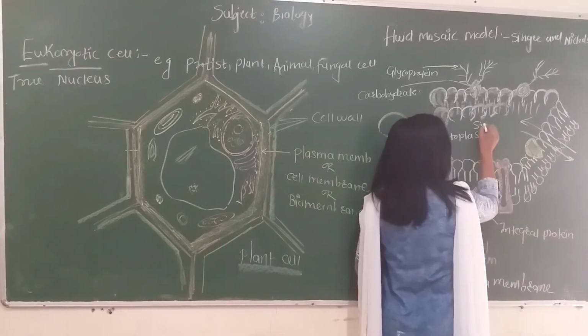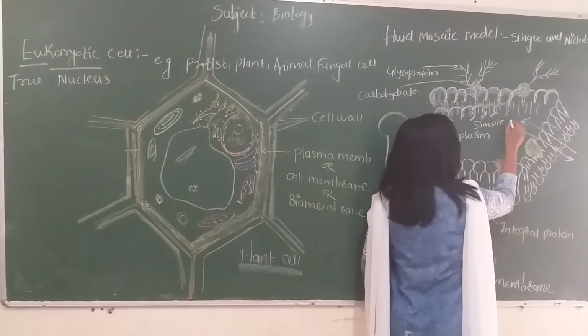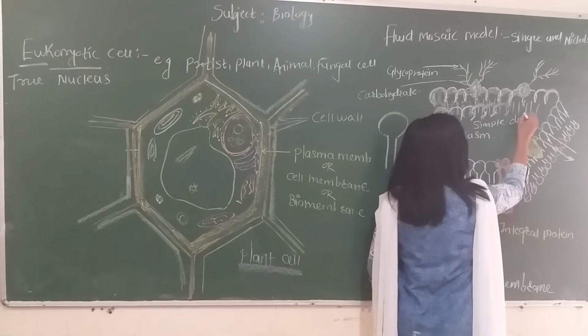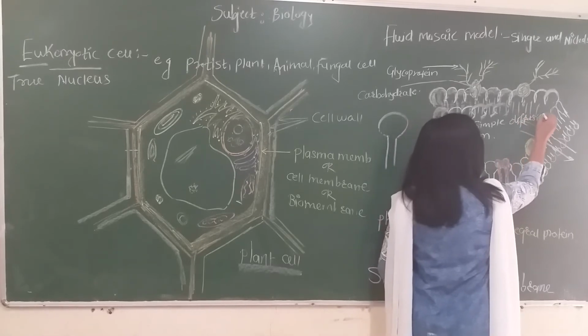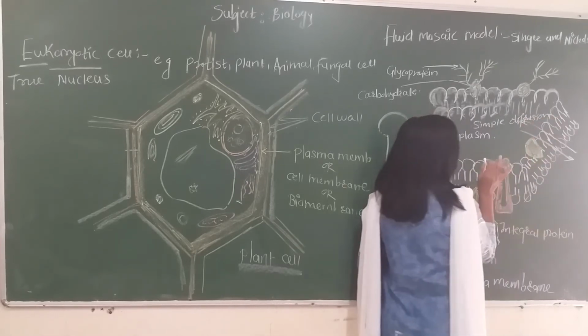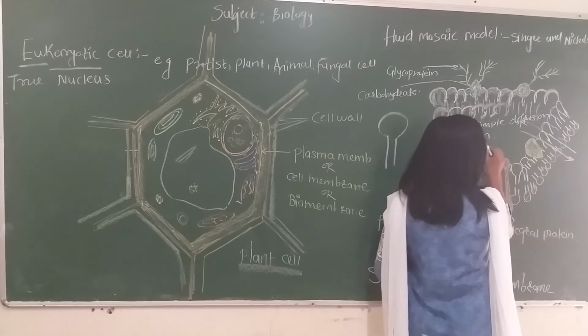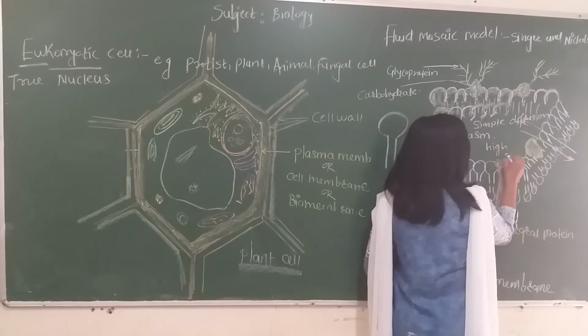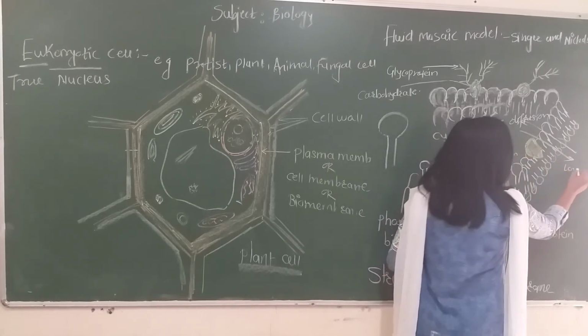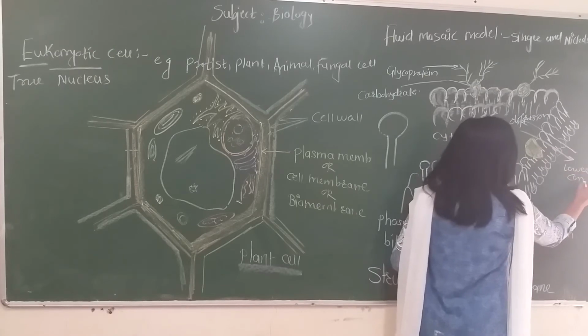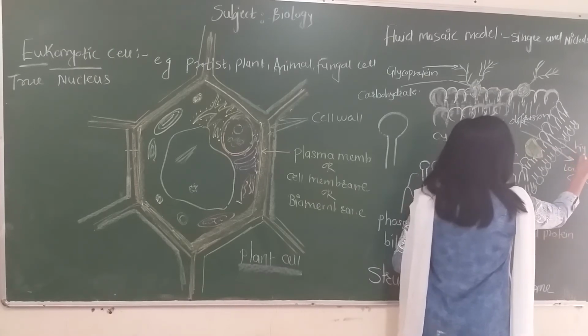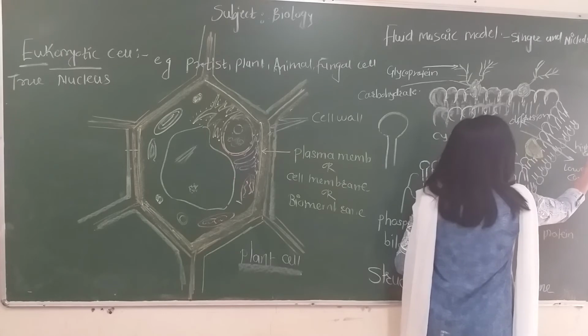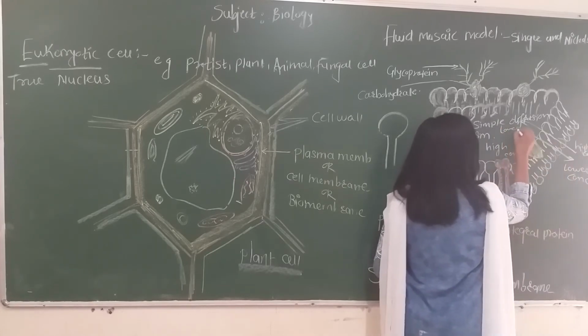Passive transport mainly takes place across the membrane by simple diffusion. Simple diffusion means the substances move from their higher concentration to their lower concentration.